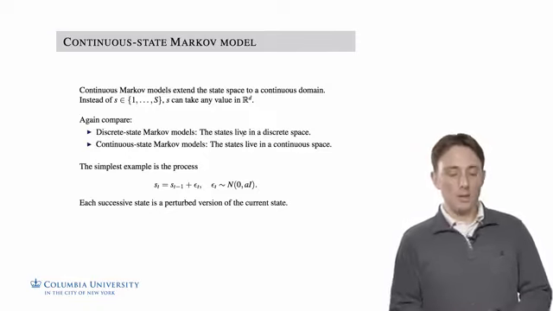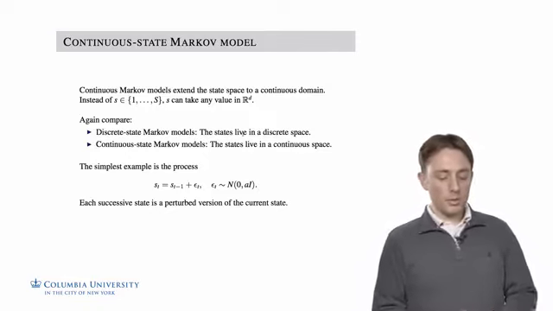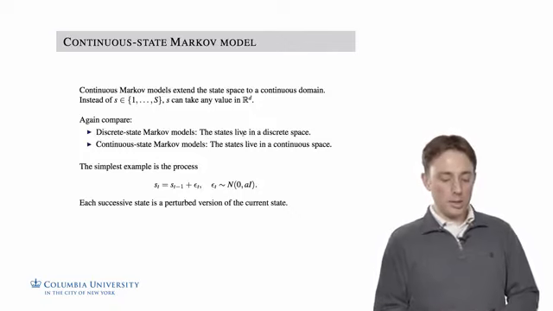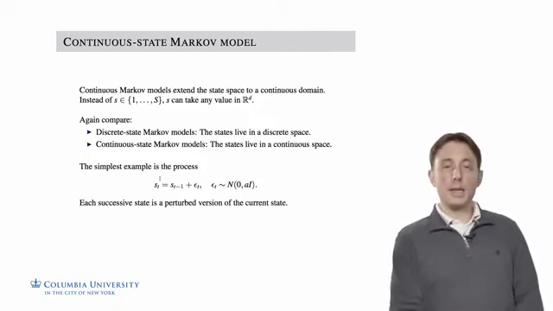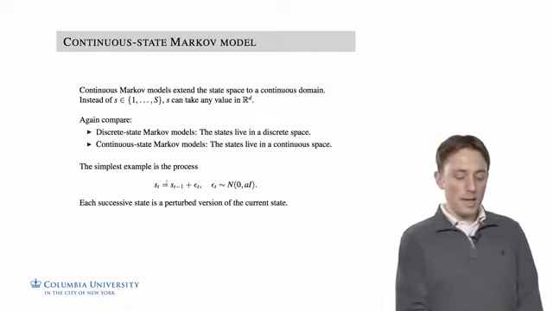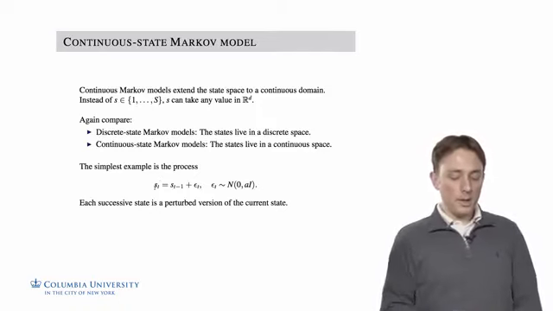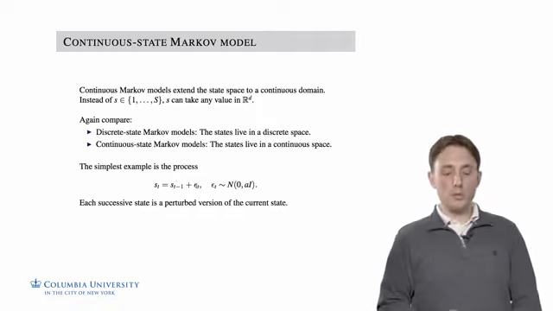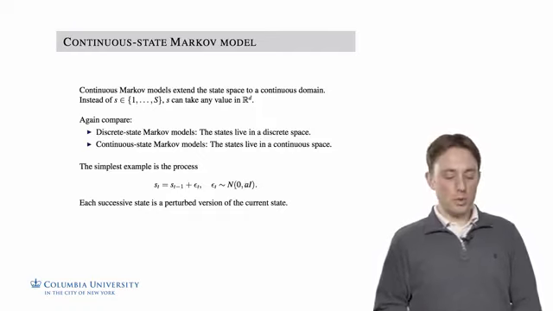So what is an example of a continuous state Markov model? The simplest possible example is something that can be called Brownian motion. So in this case, the state at time t is simply equal to the state at the previous time point plus some random noise, where the noise is generated IID from some Gaussian distribution.